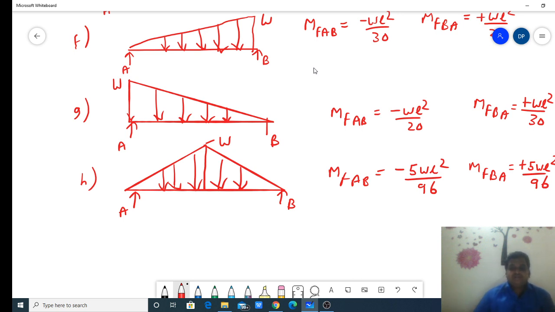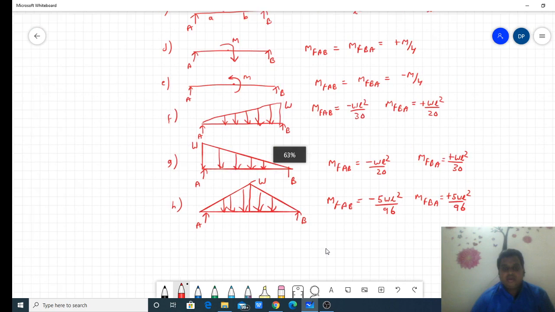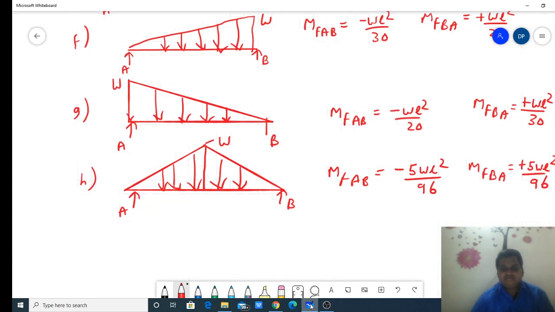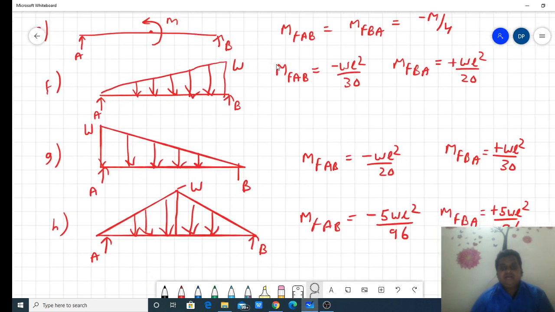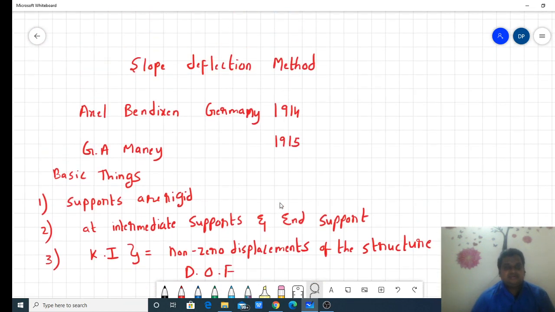Now these are concepts that you need to remember whenever you are studying the slope deflection method. As a summary of whatever has been discussed in this video, I will just go through the summary, right? We have just started with the subject.